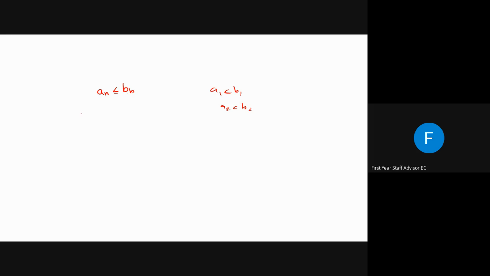This type of series is given. If bn converges, that means this bigger series is convergent, then the smaller series an is also convergent. If the smaller series an diverges, then the bigger series bn also diverges.